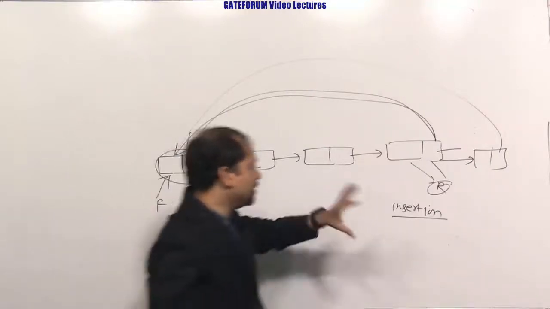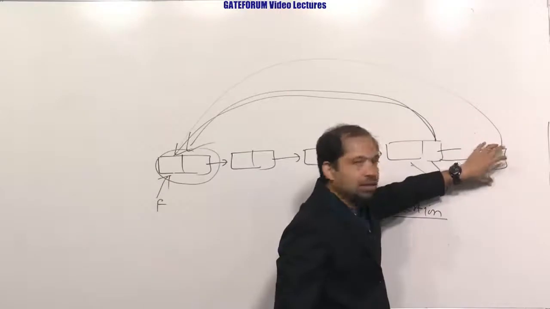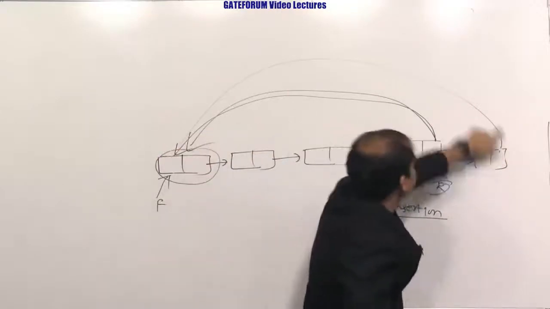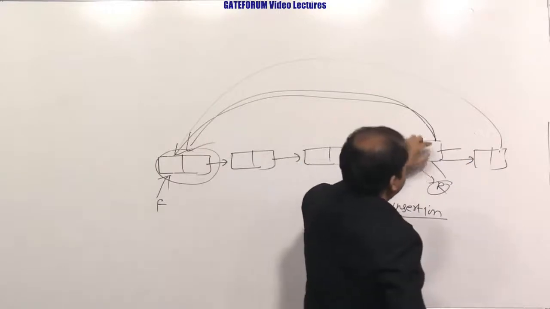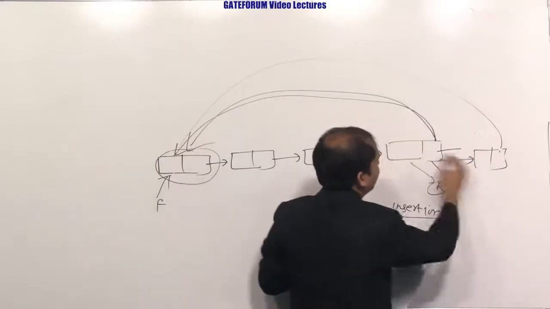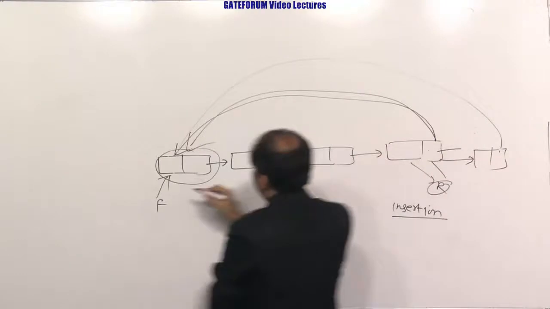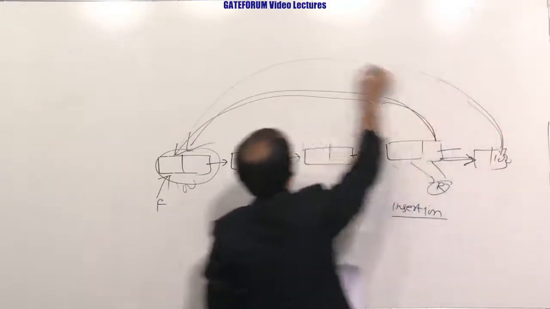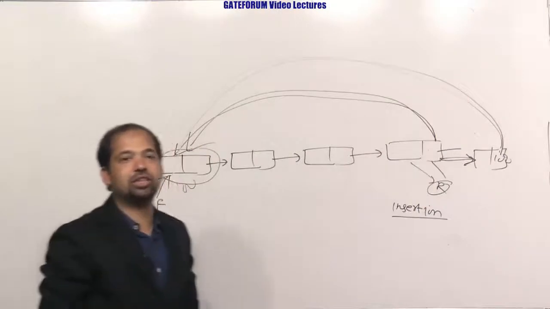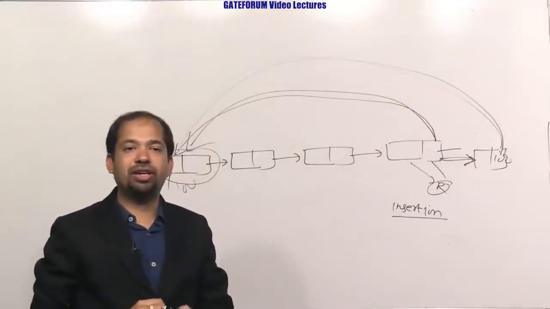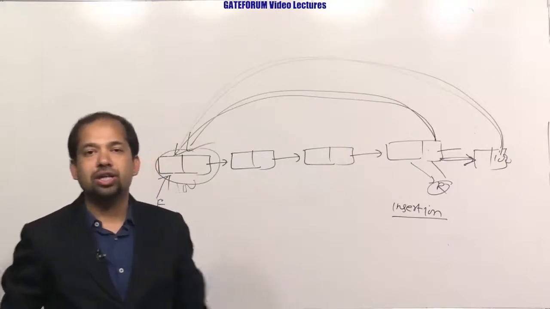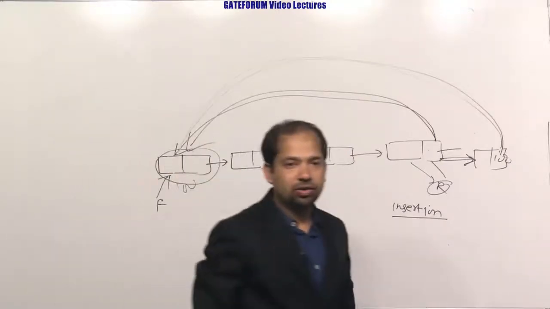Then only because of insertion, if we have to add this, the next of this will have the value of this. Suppose here we have 100, so we will put 100 here, and then we'll link to this, and 100 will be there. So the answer is next pointer of rear node points to the front node, and that is B, which is 2 only. So this is the end of question.